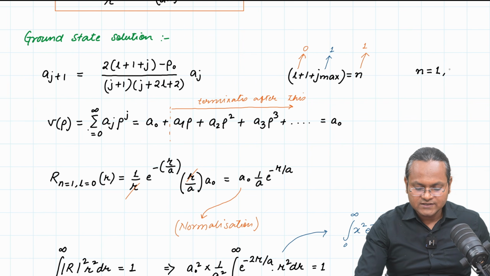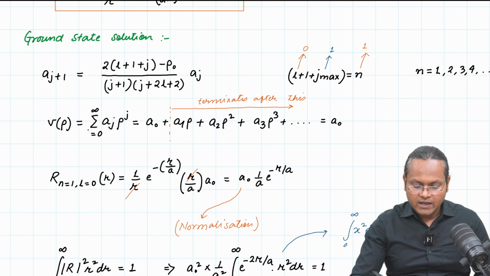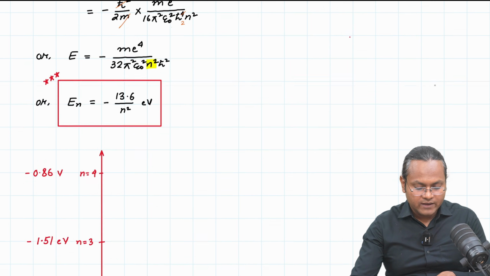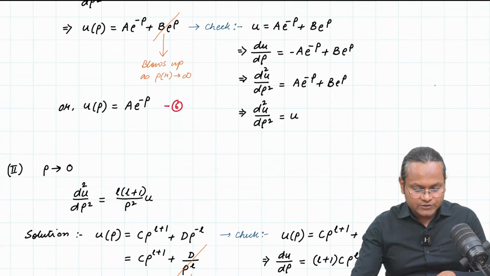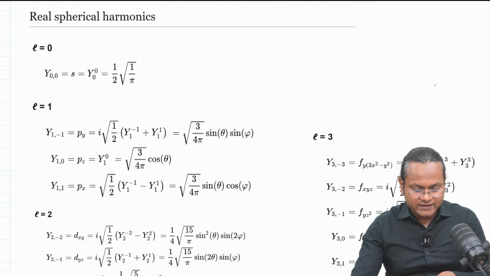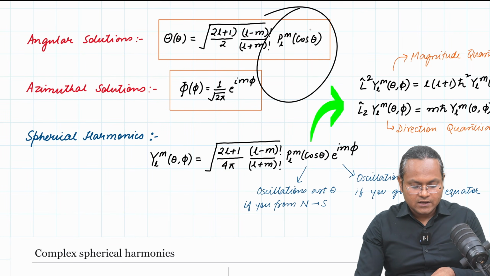We can go from n is equal to 1 to 2 to 3 to 4 and on up to theoretically infinity. And if we look at the value of L, of course, L arises whenever we try to solve the angular solution. And when we solve the angular solution, we got the Legendre polynomials, remember? The Legendre polynomials have the order starting from 0.